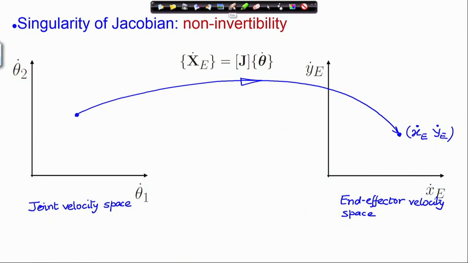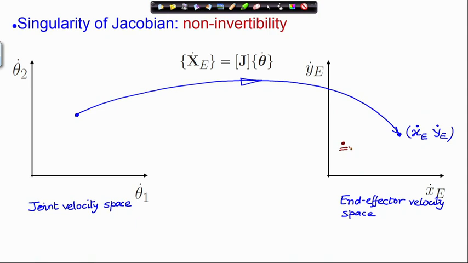But if you now ask, given this point in the end effector velocity space, what is the corresponding point in the joint velocity space? That question now cannot be answered, which means there is no point in the joint velocity space for which this velocity is produced at the end effector.